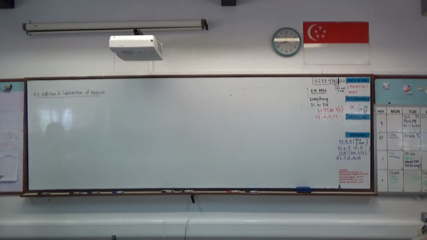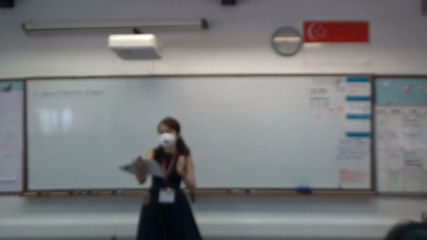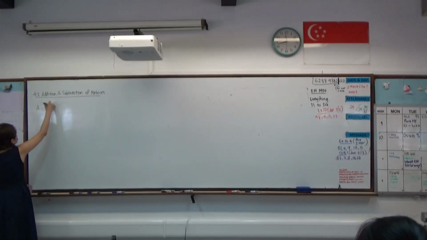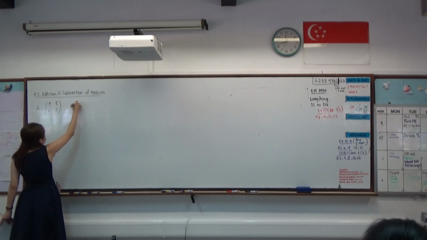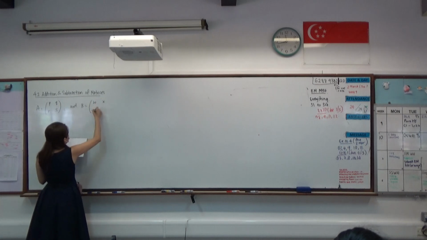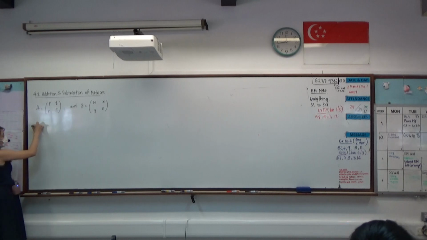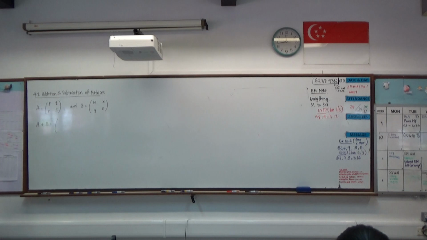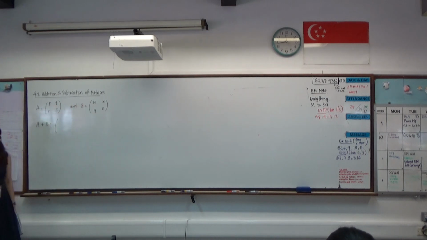Now, when it comes to addition and subtraction, it is fairly intuitive. Meaning to say that if I were to be given, let's say, a matrix A with the elements P, Q, R, S, and the matrix B, let's say W, X, Y, Z, and if I were to be looking at A plus B, the elements will actually add up with each other in the corresponding manner.